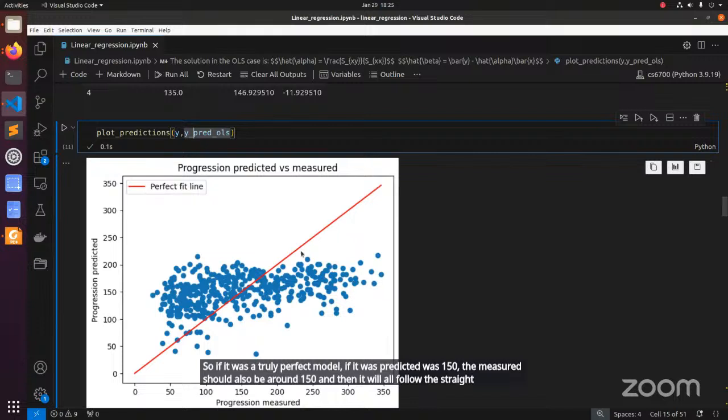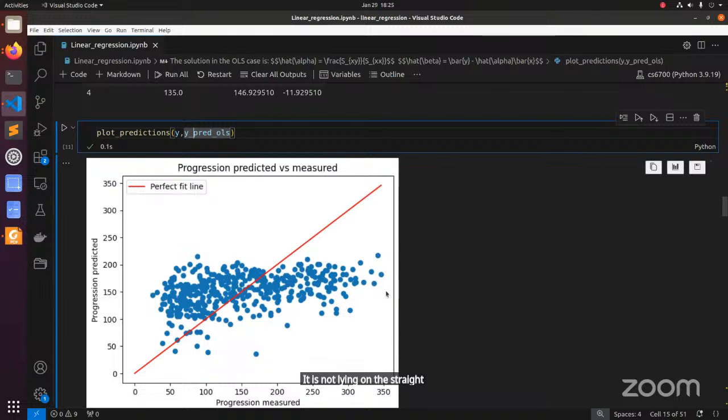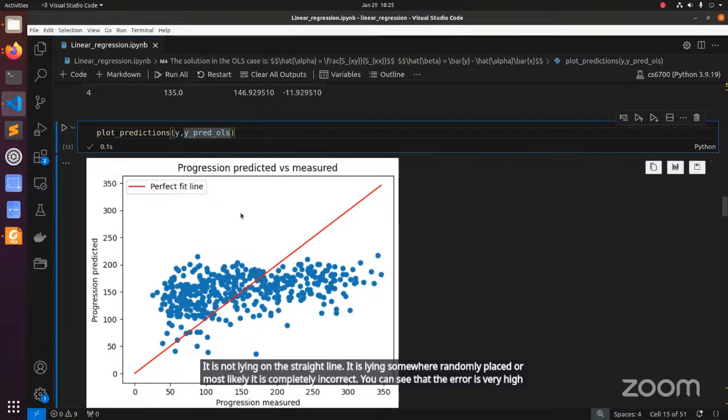If it perfectly fits, all the data points would lie on this perfect red line. But since the model is incorrect, it is not lying on the straight line. It is lying somewhere randomly placed, or most likely it is completely incorrect. You can see that the error is very high. Right? That's what this plot shows to you.